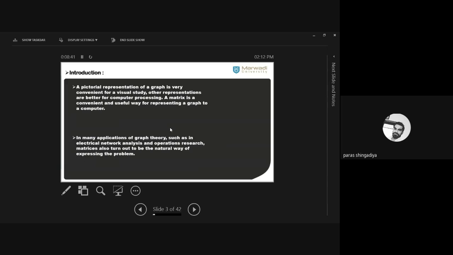Okay, so pictorial representation of graph is very convenient for a visual study. Why is it very convenient?